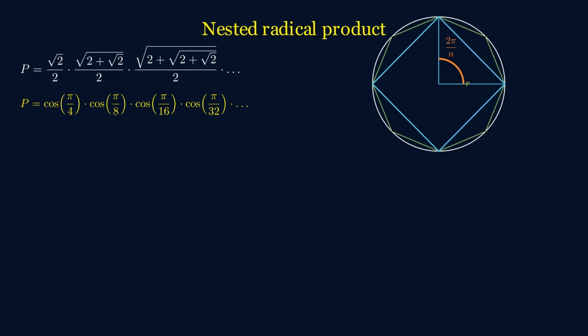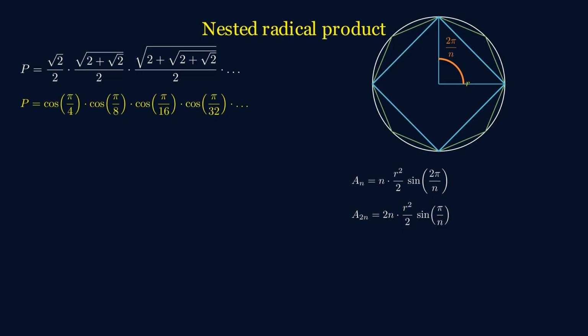Now, the way you find the area of an n-gon is by splitting it into n identical little triangles. I'm not going to walk through every algebra step here, but if you take the base and the height of one of those triangles, you can work out a formula for the area of the n-gon and another one for the 2n-gon, and then compare them.